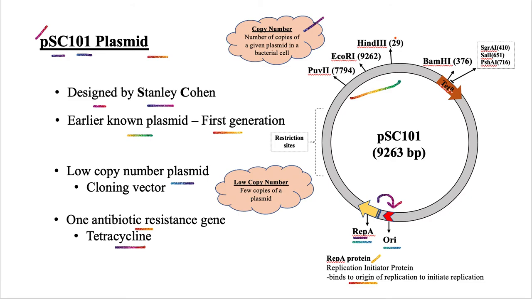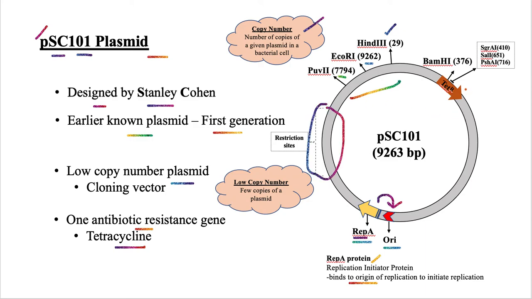For instance, I have shown HindIII, which is one of the restriction enzyme sites, at position 29. Then we have EcoRI at 9262, and PvuII at 7794. I have mentioned the particular base pair where each restriction enzyme is located, and there are certain other restriction enzymes in this region as well.